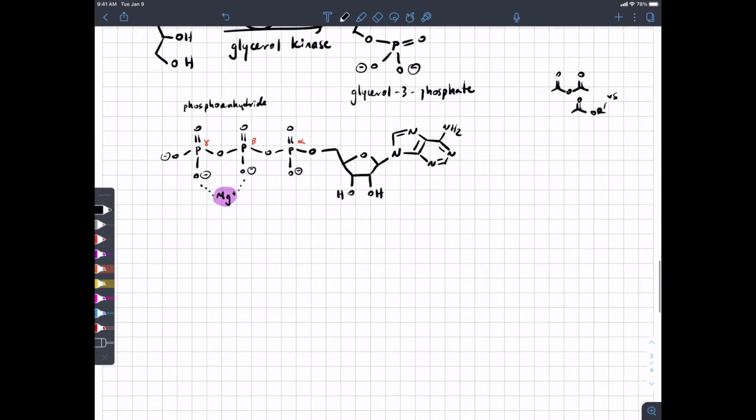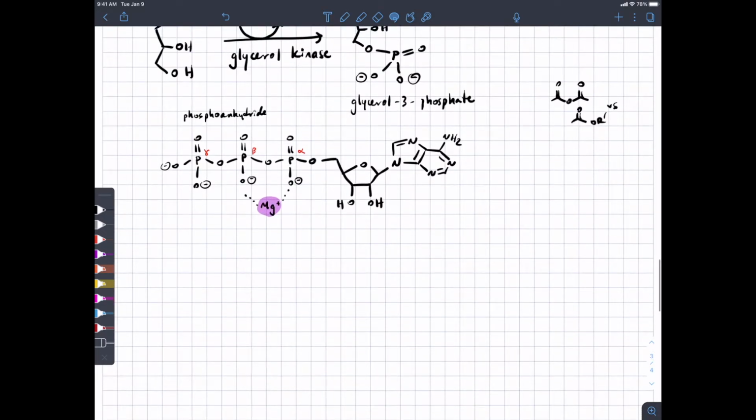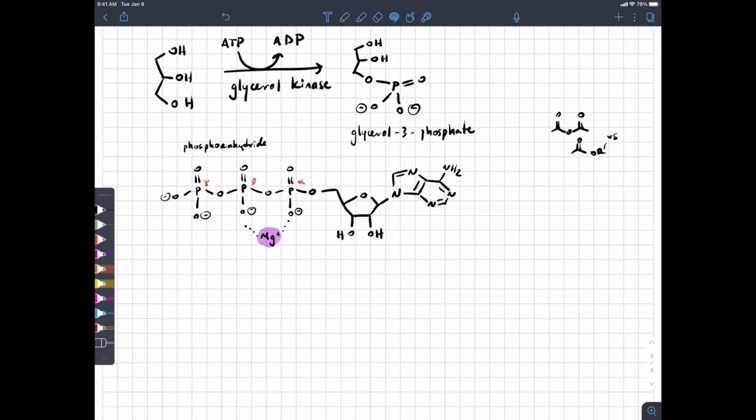And the reason for that is that if we break a phosphoanhydride bond, the leaving group is pretty stable. So what happens here is that the enzyme will remove a proton from the hydroxyl of glycerol.